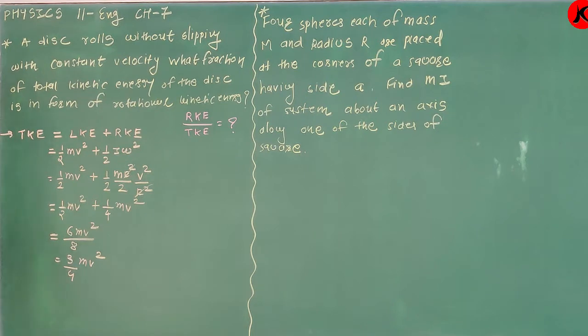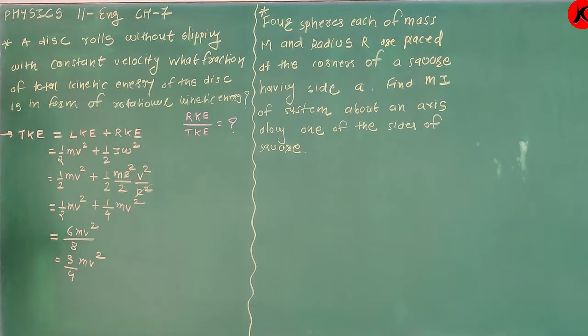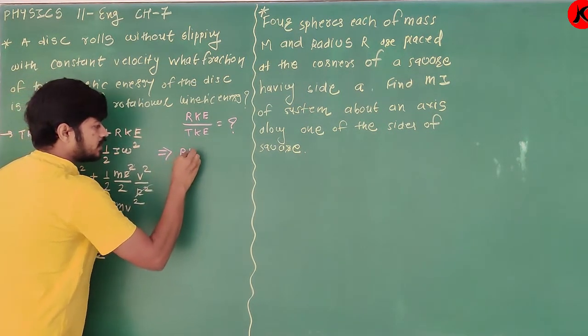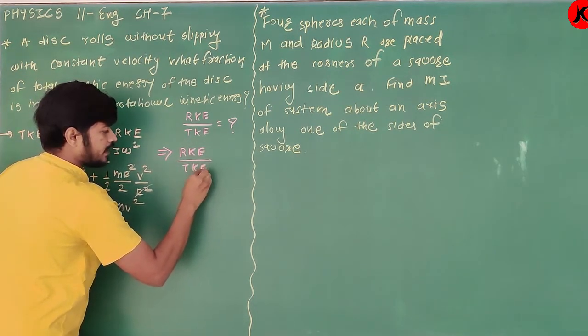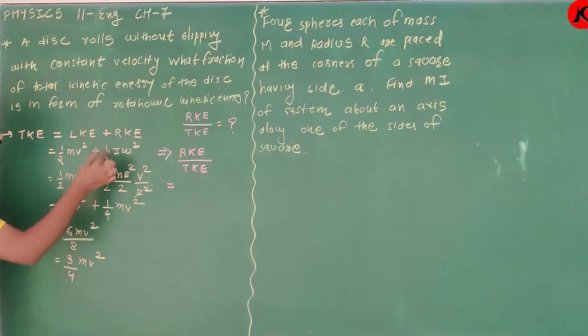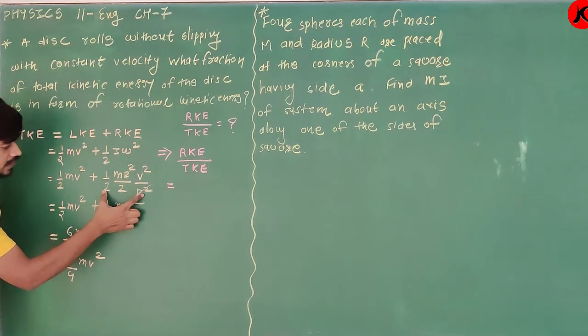Now what you have to find? You have to find rotational kinetic energy upon total kinetic energy. Then how to find this? See, you do not have to find rotational kinetic energy separately. Half I omega square is the rotational kinetic energy, and this term is the rotational kinetic energy.